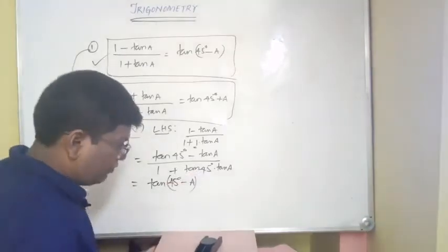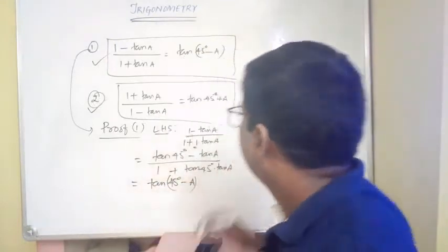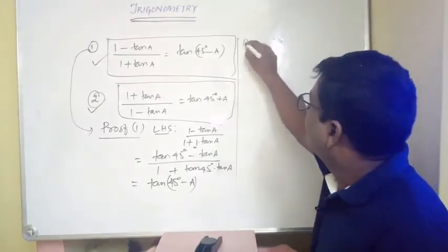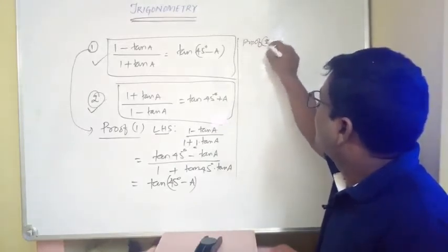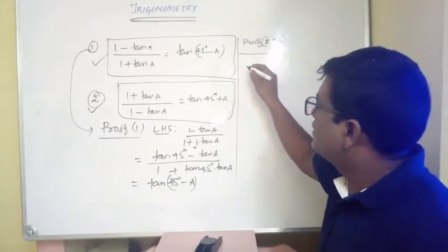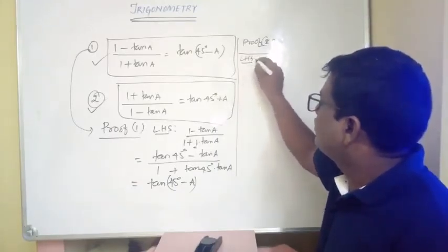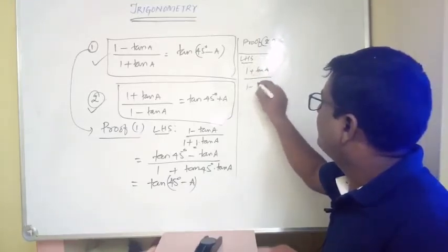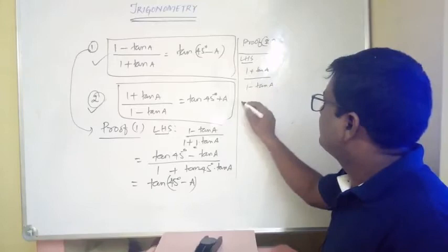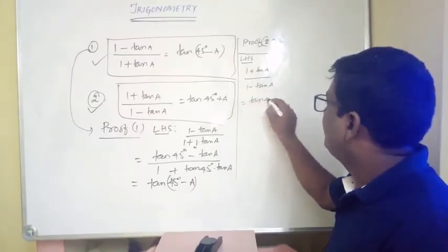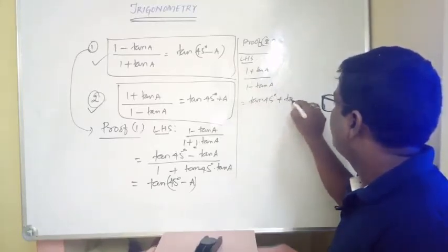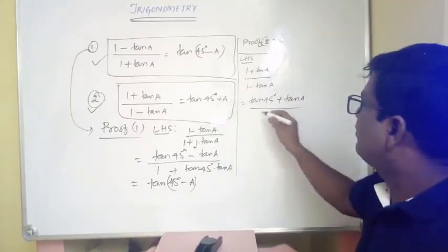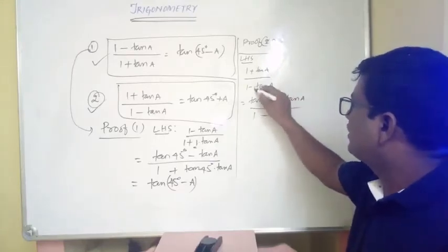Similarly, proof 2. For proof 2, left hand side is equal to what? (1 plus tan A) by (1 minus tan A). This one can be written as (tan 45 plus tan A) divided by 1 here, 1 into tan A we can write here.